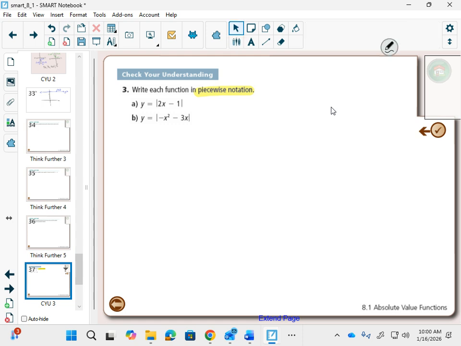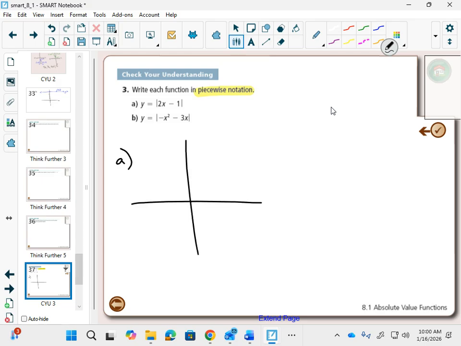First of all, in A, I'm going to quickly graph for you 2x minus 1. 2x minus 1 would have a y-intercept at minus 1, right? And a slope of 2.